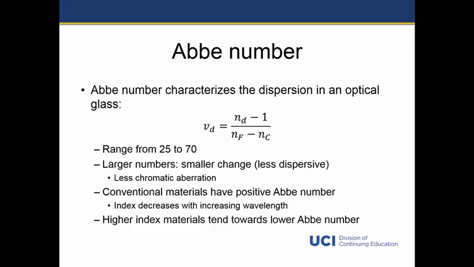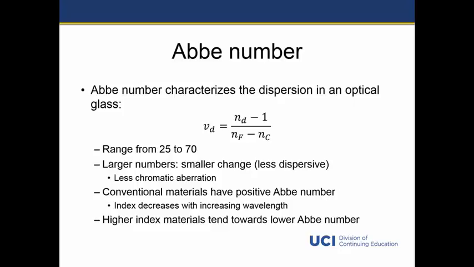We finished up our last discussion talking about the dispersion curves and the variation of index with wavelength. And again, we were looking at these two particular curves, and we noted that there were differences in the shape and form of the variation in index with wavelength.